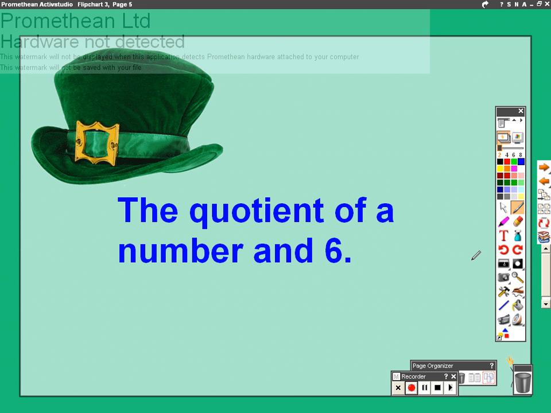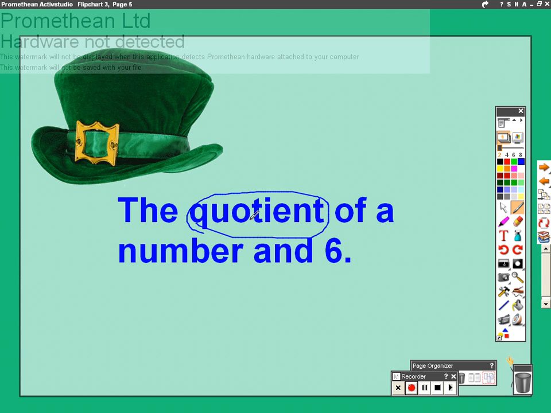The quotient of a number and 6. Now this is a tricky one. Quotient. If you remember from earlier, I said quotient is division. Quotient of a number and 6. Okay, there's those of and words. Okay, so they mix with a variety of operations. This is how I remember it.